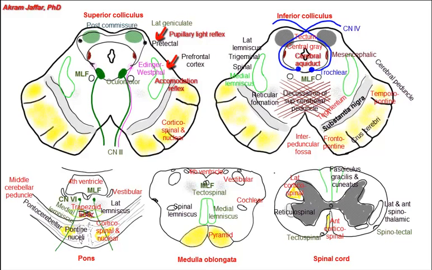Because of this difference in the central connections of the light reflex and the accommodation reflex, they may be dissociated in diseases of the central nervous system. In central nervous system syphilis, there is dissociation between the pupillary light reflex and the accommodation reflex.